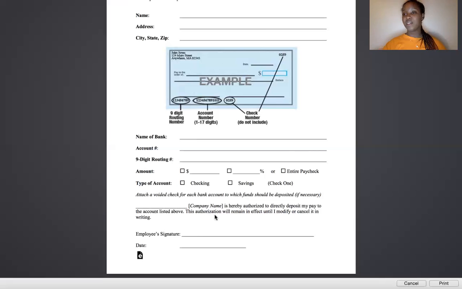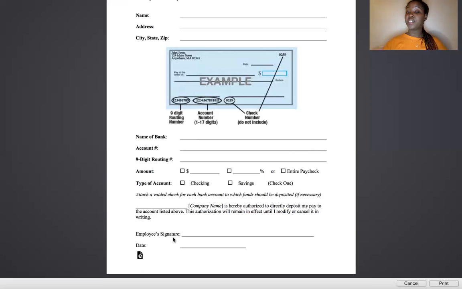So this is giving your company permission to put your paycheck into your bank account so that you don't receive a paycheck in person. So this is just giving them permission. And you can always change your mind. You just have to put it in writing.